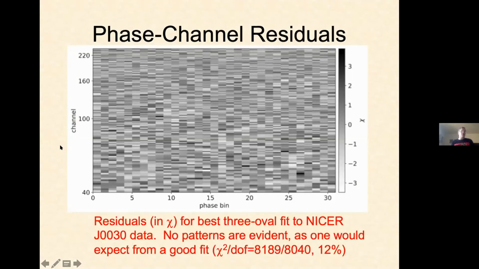But I do want to make clear to those who are Bayesian evangelists how we're using these chi-squares. If the chi-square per degree of freedom is terrible, the fit is bad. Something is wrong. The model is incomplete.